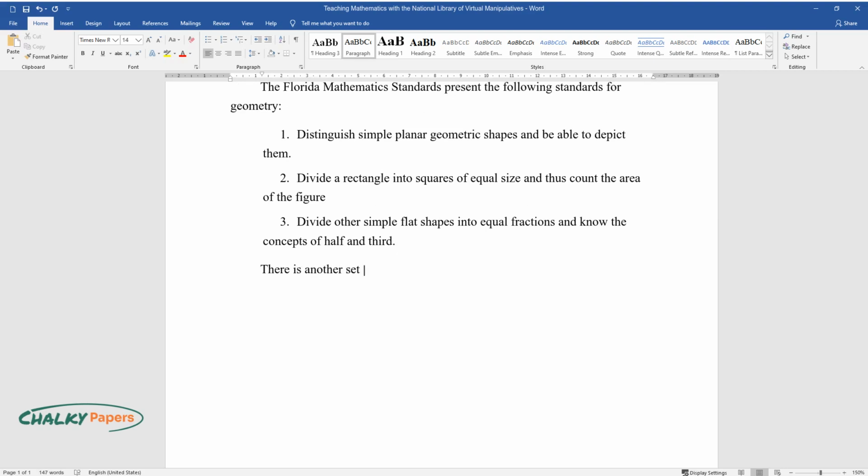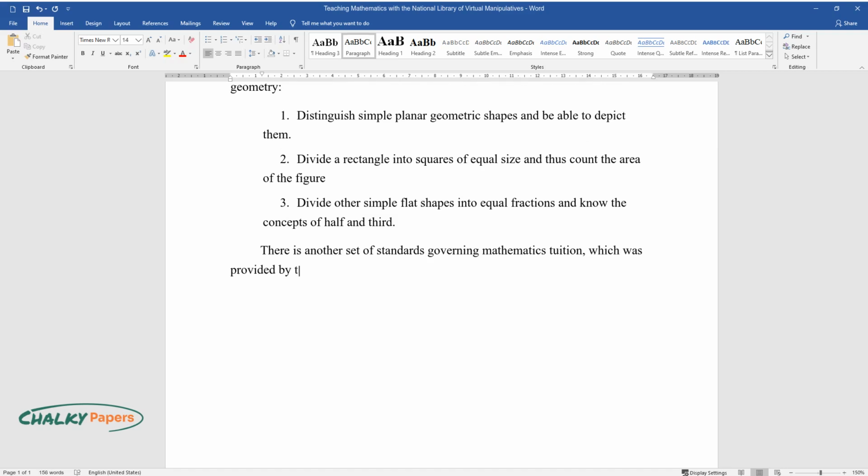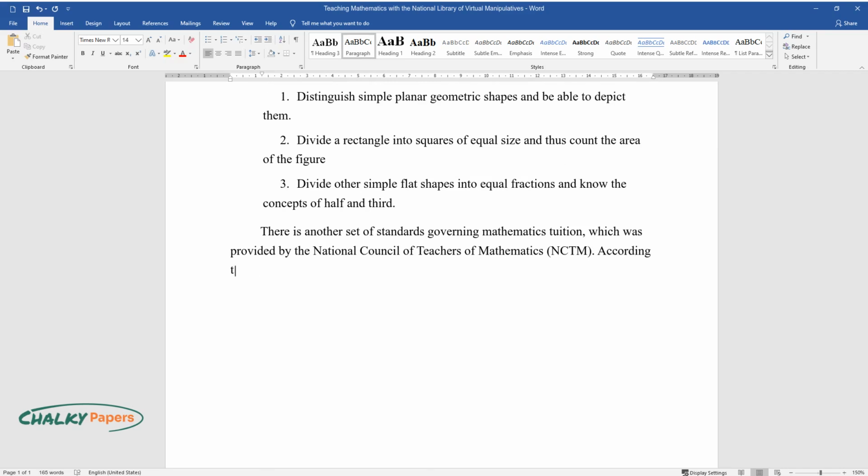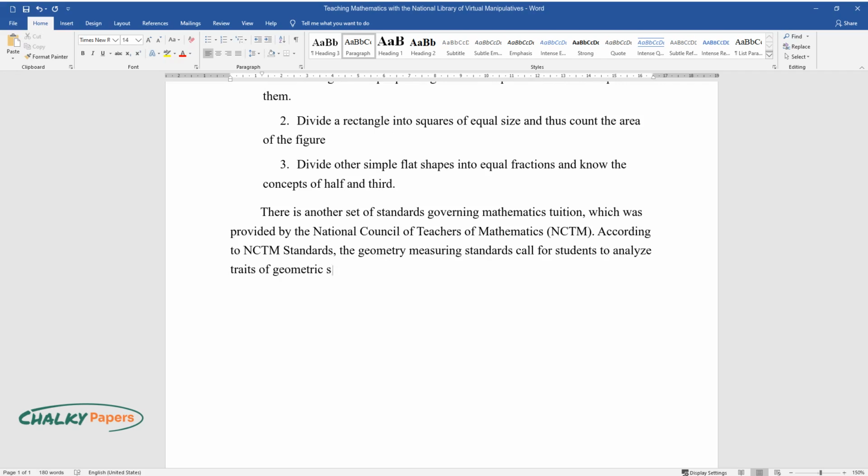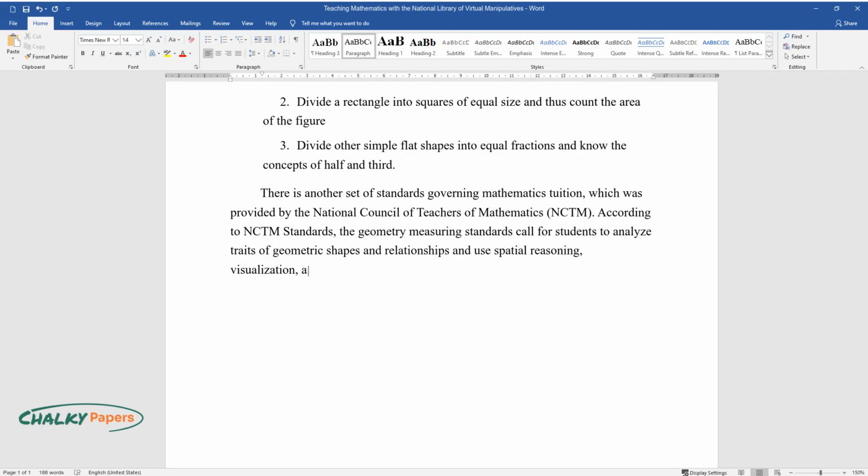There is another set of standards governing mathematics tuition, which was provided by the National Council of Teachers of Mathematics, NCTM. According to NCTM standards, the geometry measuring standards call for students to analyze traits of geometric shapes and relationships and use spatial reasoning, visualization, and geometric modeling in solving problems.